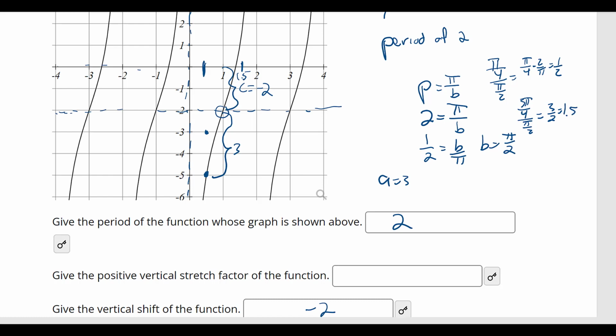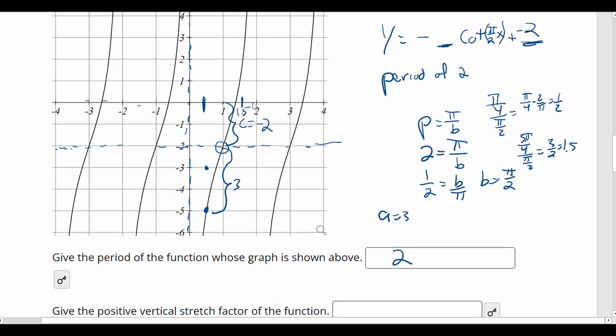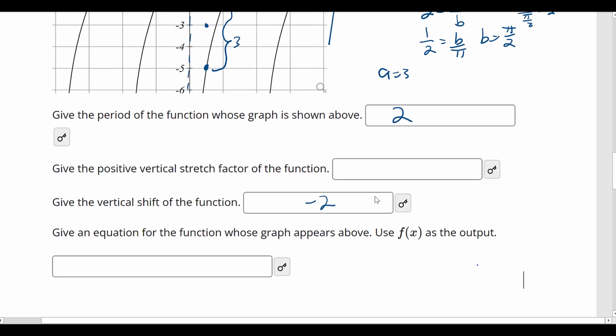If I look up a little bit, right about there, and again, that's a stretch of 3. So that's going to be a 3 here. Again, the negative is because it should be coming down like that, but it's going up like that instead. So coming down here, this is going to be 3.